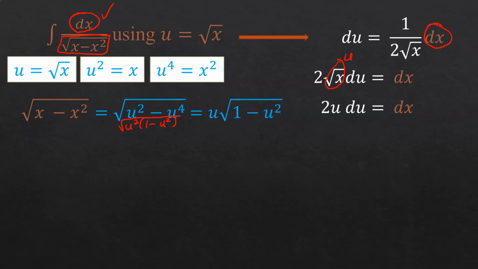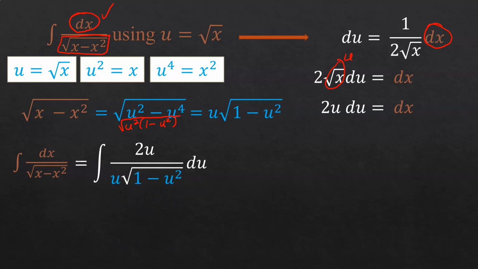Now let's go ahead and fully substitute all of these x's in for u, right? So we will have the integral of 2u du over u square root of 1 minus u squared, and that is nice because u divided by u is going to be 1. So really your integral is, factoring out the constant 2 on the outside, 1 over square root of 1 minus u squared.